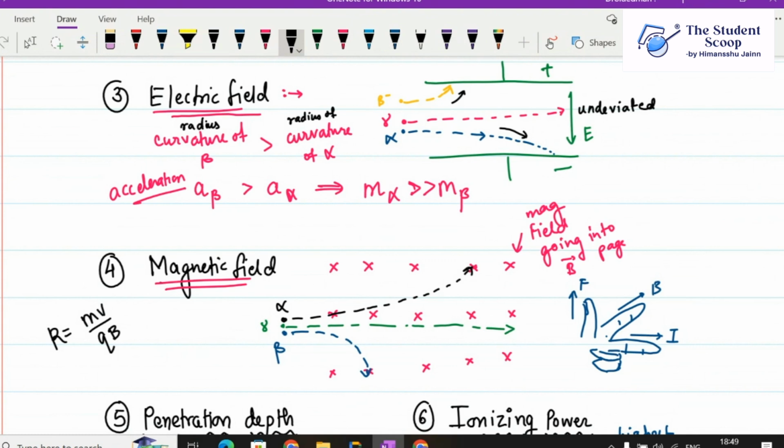That's why the alpha particle will deviate upward, while the beta particle, being negatively charged, will deviate downward. The gamma particle is undeviated again because it is neutral in charge. We need to remember that the radius of the curvature can be measured by this equation, R is equal to mv by qB. In the magnetic field chapter, we covered this.